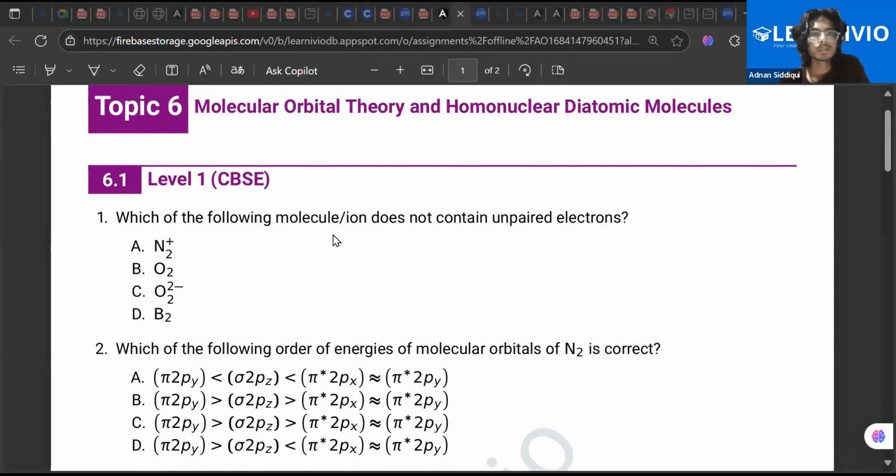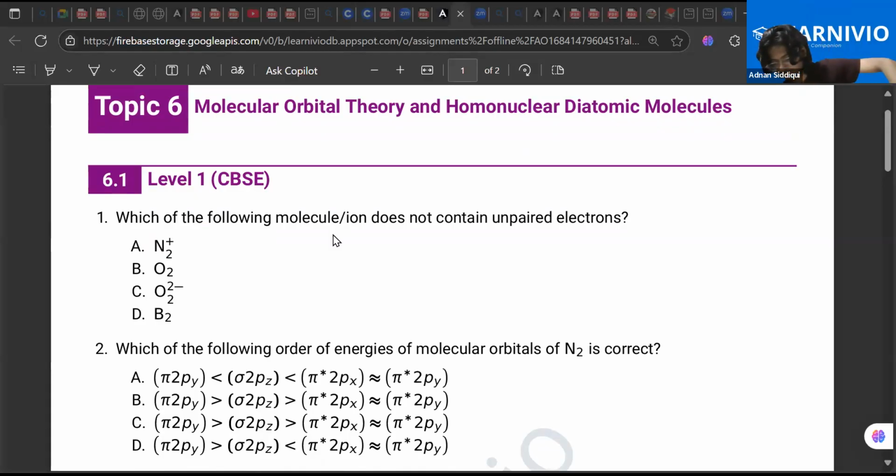So the first question is, which of the following molecules does not contain unpaired electrons? What are you going to do to find the unpaired electrons? What do we call molecules with unpaired electrons, para or dia?